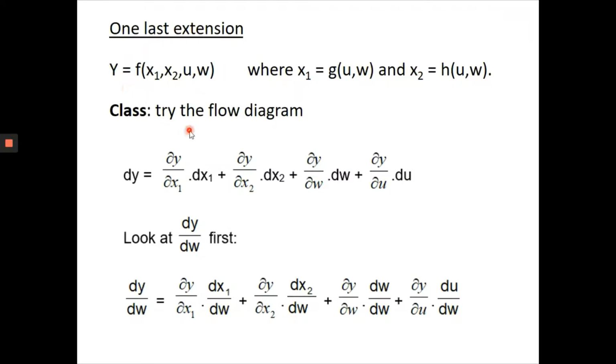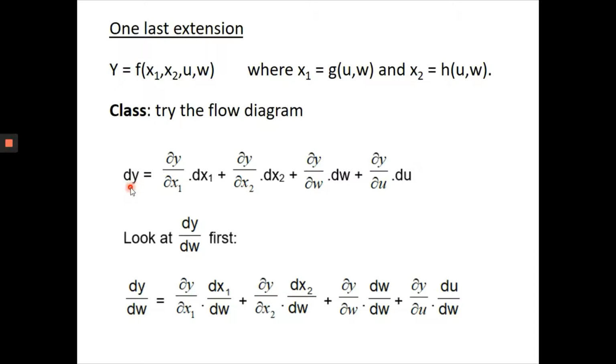So I'm going to leave it to you to illustrate these effects, the direct and indirect effects, using a flow diagram, or we can refer to it as a channel map, as you saw in the previous examples. And we're going to go ahead and work out total derivatives. So we're going to start by setting out our total differential dy.